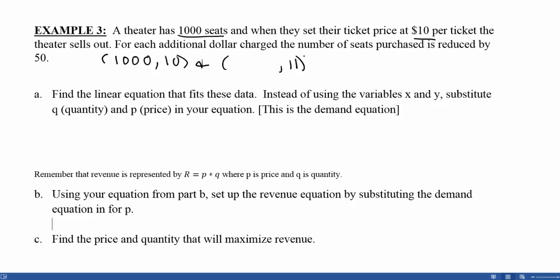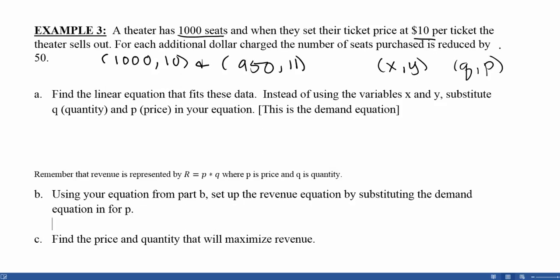So we subtract 50 from 1,000, and that gives me 950. So these are two data points. And normally, I write my points as x comma y. But I want you to notice here that what I'm talking about is quantity comma price.